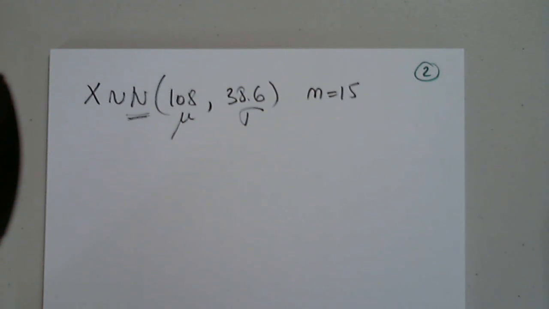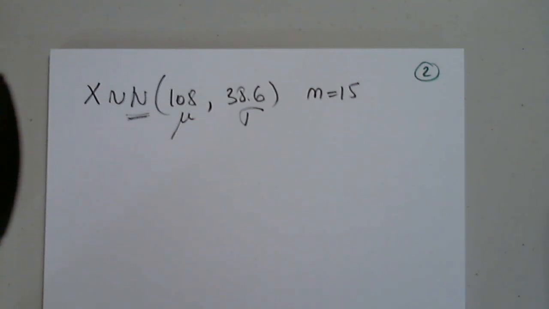How do we calculate this? Anyone? 38 over square root of 15. That's exactly it. So I have 38 divided by the square root of 15.